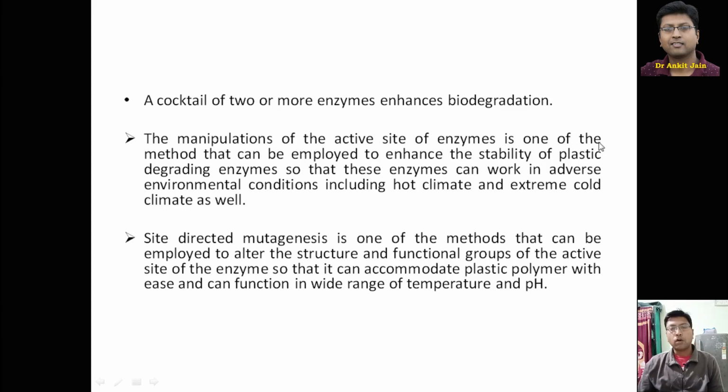The manipulation of the active site of an enzyme is one of the methods that can be employed to enhance the stability of plastic degrading bacteria so that these enzymes can work in adverse environmental conditions, including hot climates and extreme cold climates as well. Site-directed mutagenesis is one of the methods that can be employed to alter the structure and functional group of the active site of the enzyme so that it can accommodate plastic polymer with ease and function with a wide range of temperature and pH.